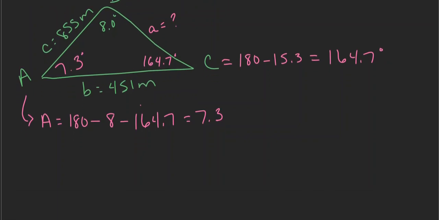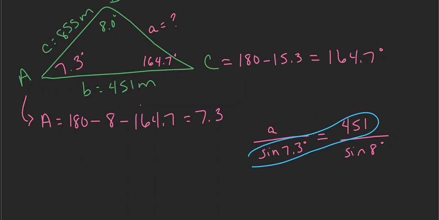So I'm going to go ahead and use my law of sines. I have A over sine, this time of 7.3, because I'm in the second triangle. My given was 451 over sine of 8 degrees.